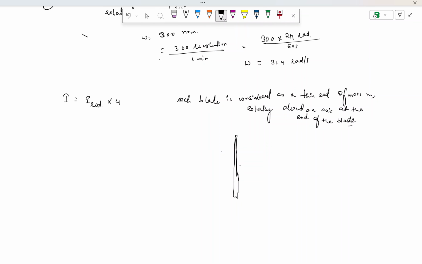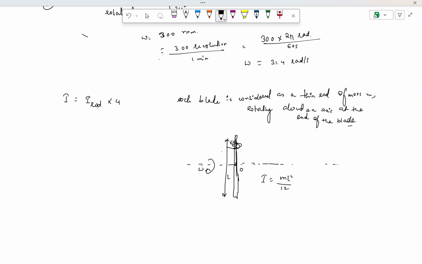Let's say this is your rod, and if the axis of rotation is passing through the center, it rotates not like this but about this axis. In that case the inertia will be m L square by 12, where L is the total length of the rod and m is the mass of the rod.